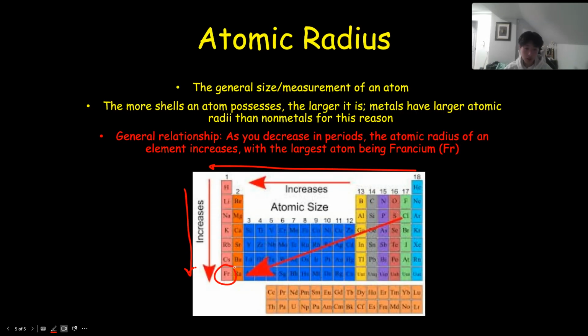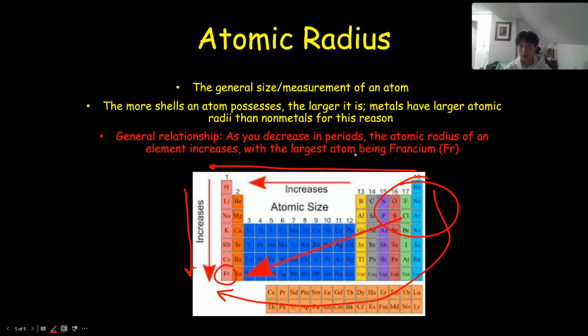So the atom with the largest atomic radius would be francium because of its electron shells and it's essentially on the opposite side as to these non-metallic elements.